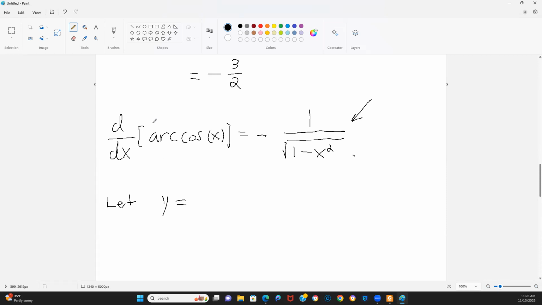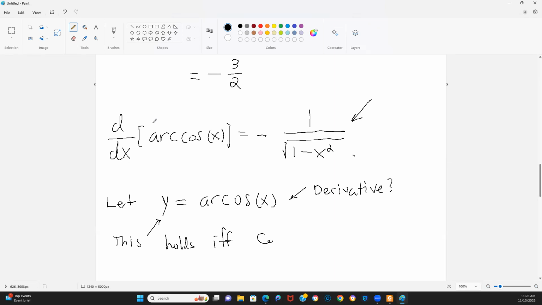It's not that hard. You let y equal arc cosine of x. So we want to find y prime, the derivative of this thing here. What we'll do is use implicit differentiation. This holds if and only if cosine of y is equal to x.